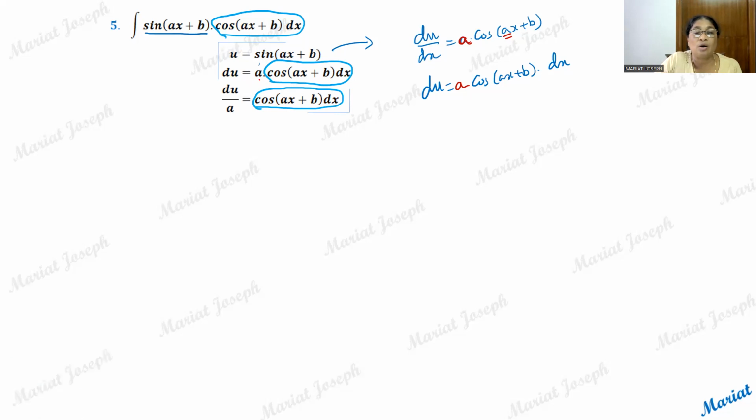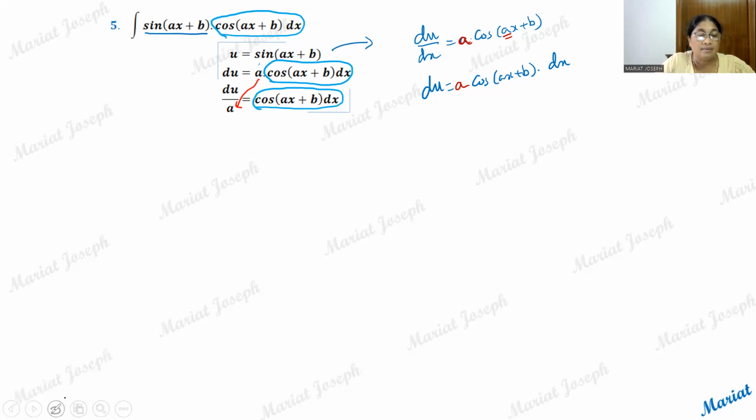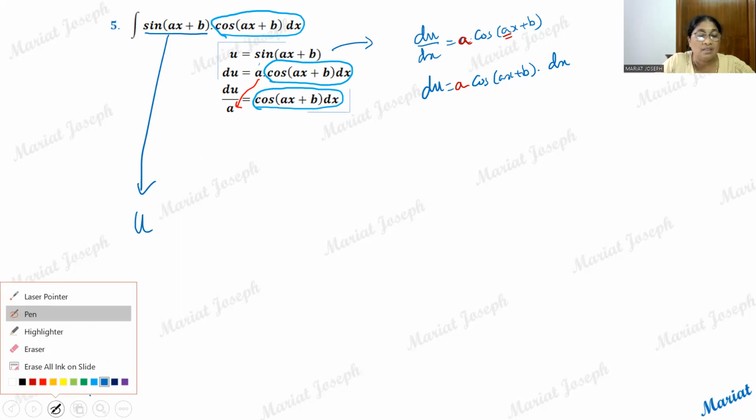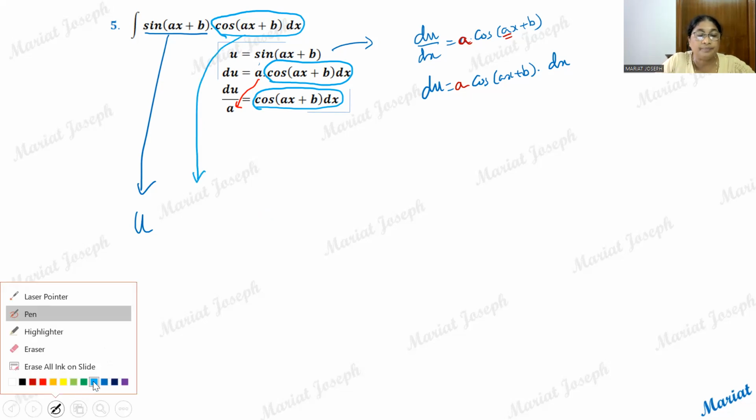Where has that a gone? This is the a taken to the denominator. So, the integral can be rewritten as sin of ax plus b will be u. Cos of ax plus b into dx will be du upon a.